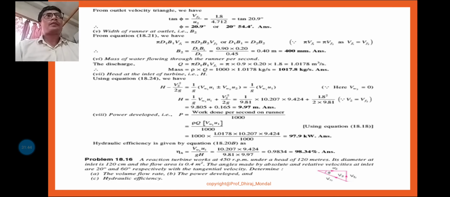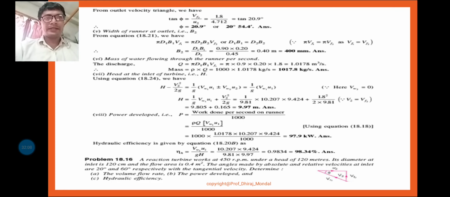Some kind of shaft power, and also some velocity energy, that is your kinetic energy. Velocity head will be there. So some velocity head and some work done will be obtained at the outlet of the radial flow reaction turbine. So we can write H is equal to W plus velocity head.